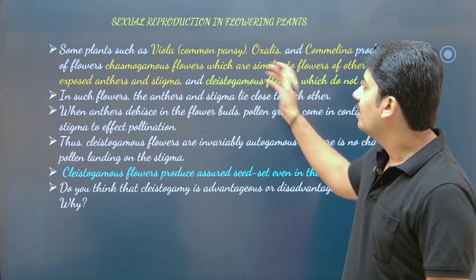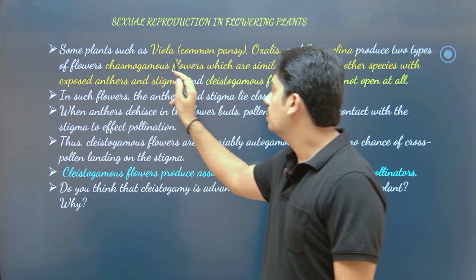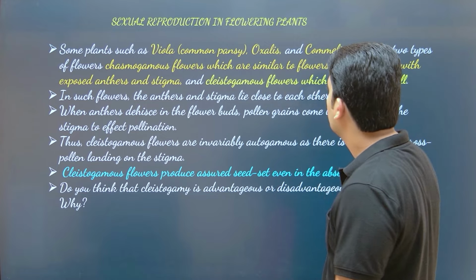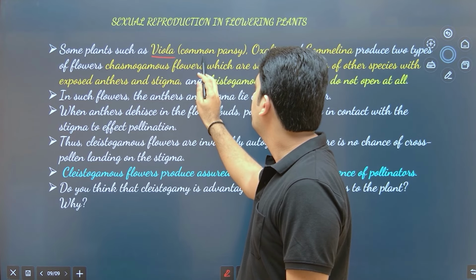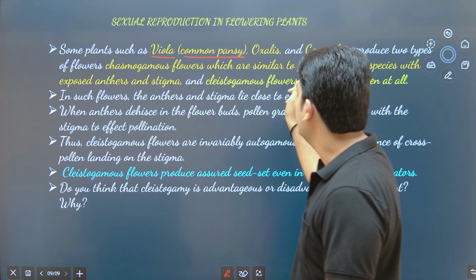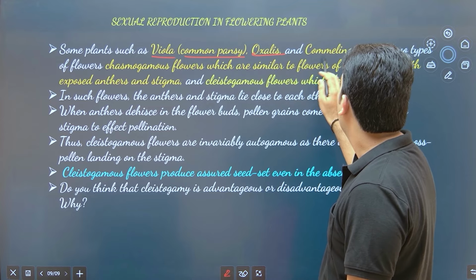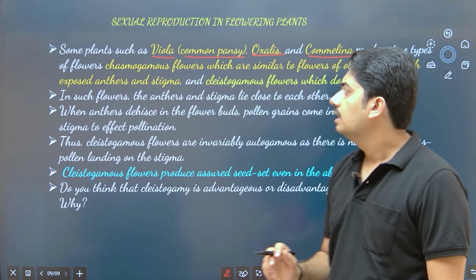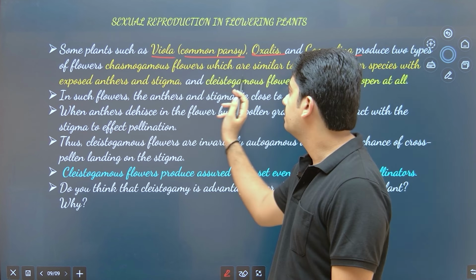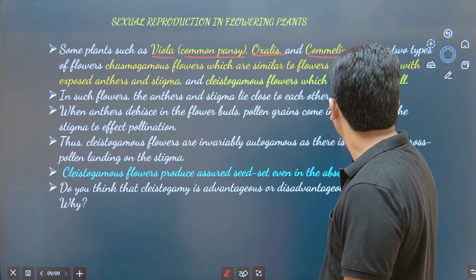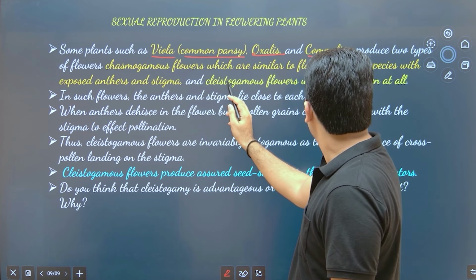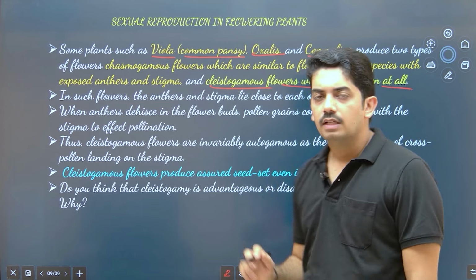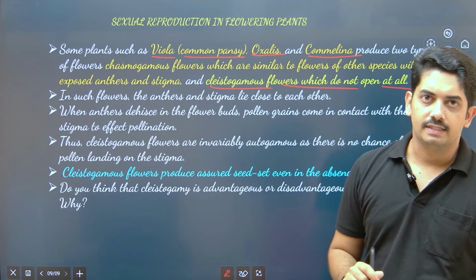Now what are all the examples? If you observe in viola, the common name is common pansy, oxalis and commelina. These are the three types of plants where you observe chasmogamous flowers, that means completely opened. Okay, and cleistogamous flowers are observed in the groundnut plant.